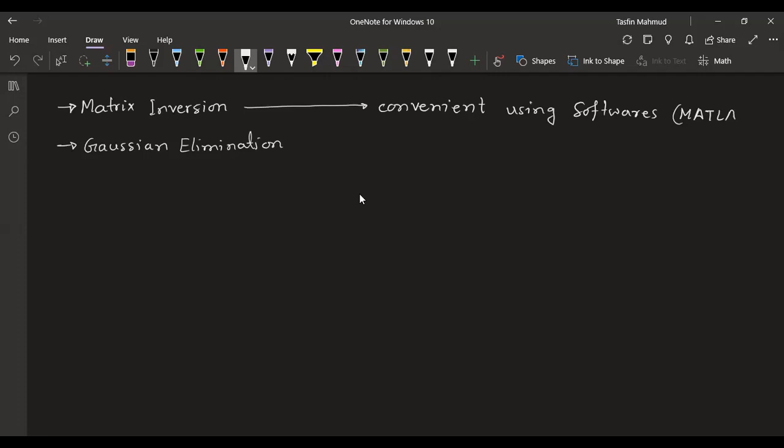That's why we are going to discuss matrix inversion. But matrix inversion is not that convenient whenever we have to perform calculations by hand. By hand, matrix inversion is pretty much difficult, honestly. Difficult when doing calculations by hand.